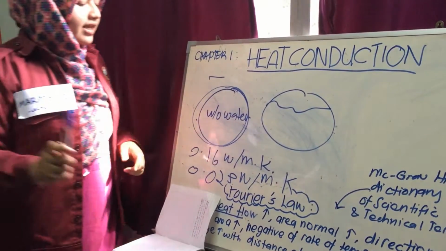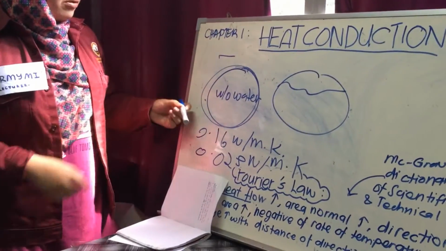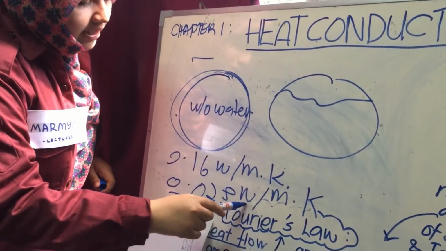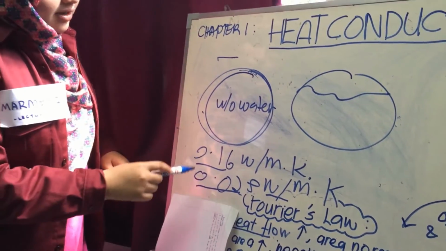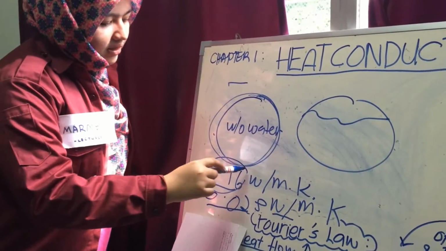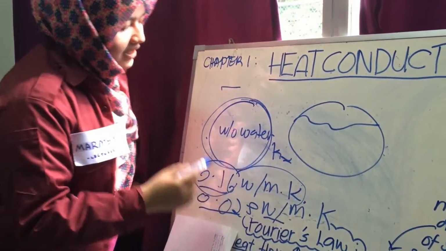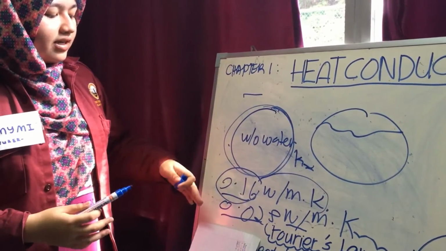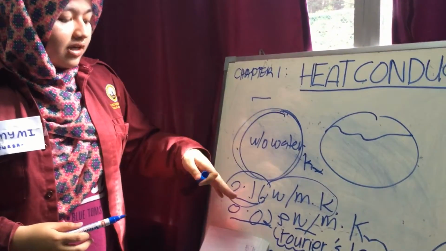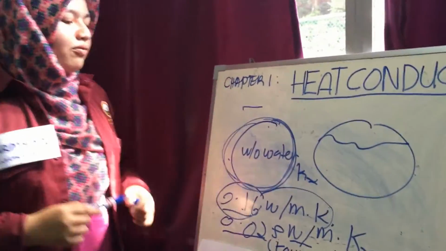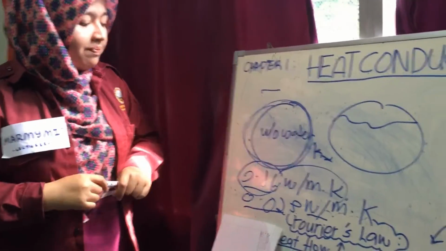So when heat is applied to the balloon with air, it obviously shows that the rubber has a higher thermal conductivity than the air.